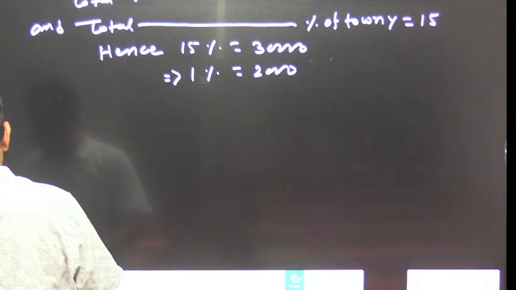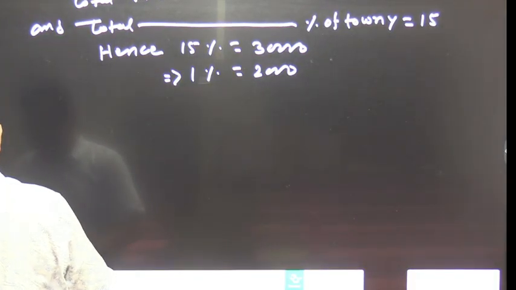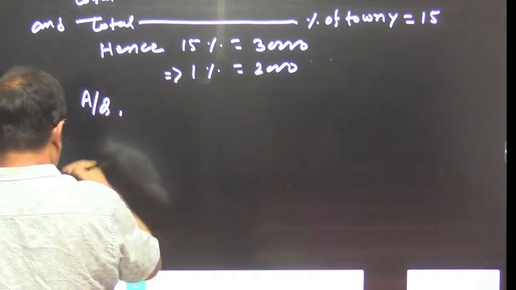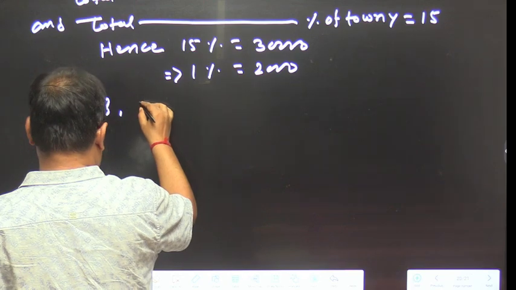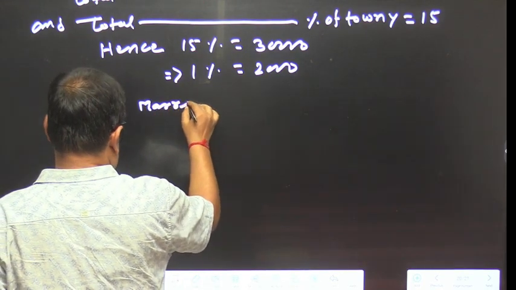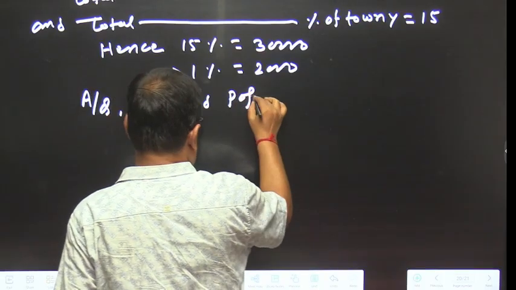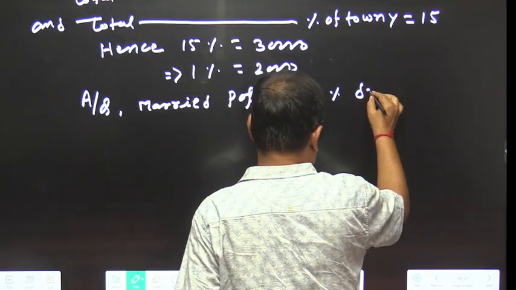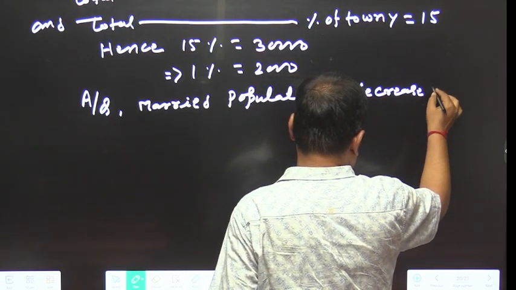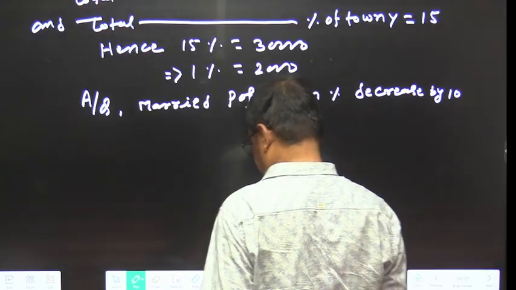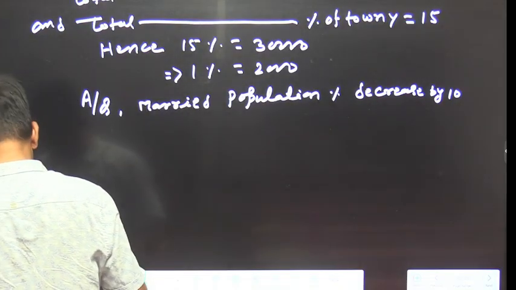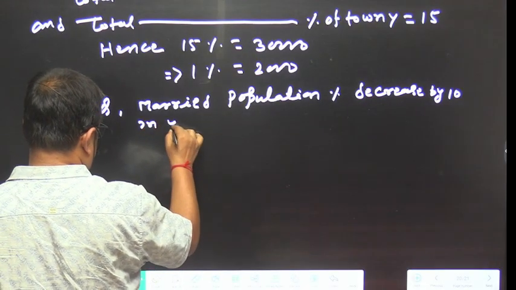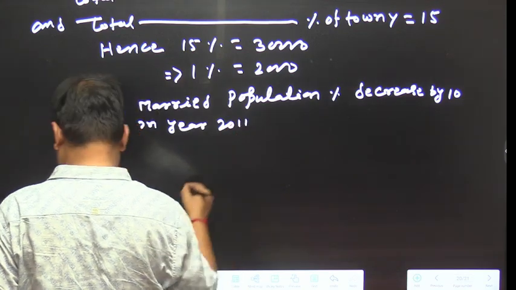Then according to question, married population percent decreased by 10 in year 11.